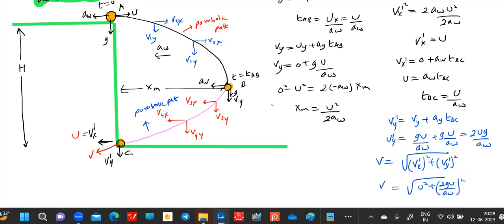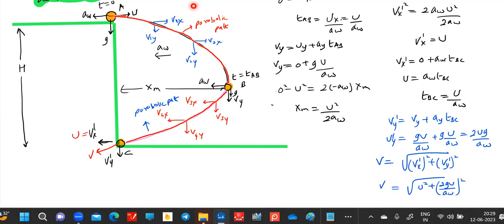Okay, fine. So there's one basic idea. If a ball is projected, first what will happen? It will undergo accelerated motion along the y-axis, and retarding motion along the x-axis. Now, what about this path? This path will be accelerated motion both along x and along y.